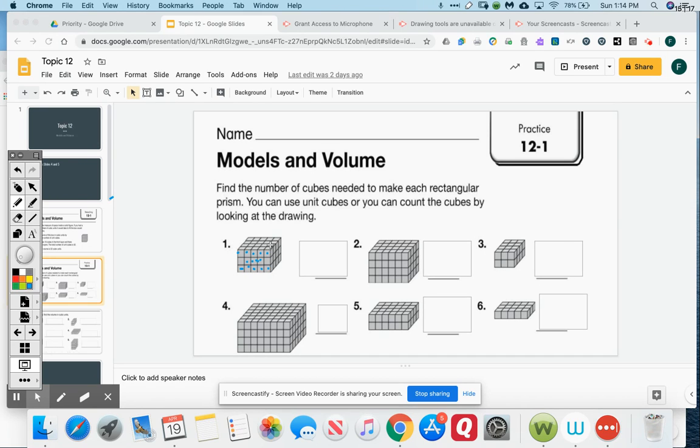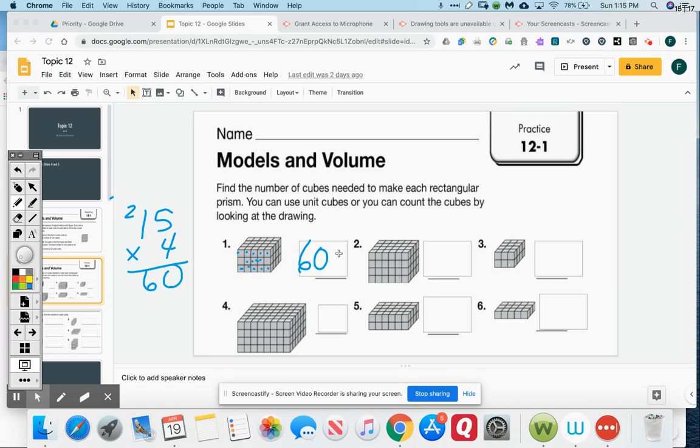And I can tell that there's 1, 2, 3, 4 layers. So basically what we need to do is 15 times 4. 5 times 4 is 20. 4 times 1 is 4 plus 2 is 6. So we get 60. So 60 cubic units would fill that shape.